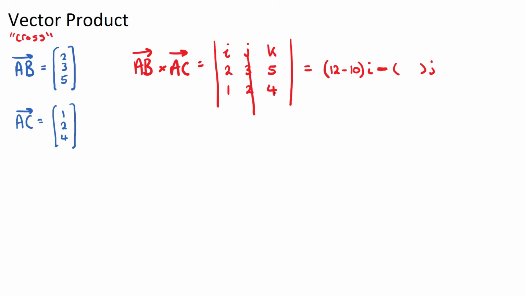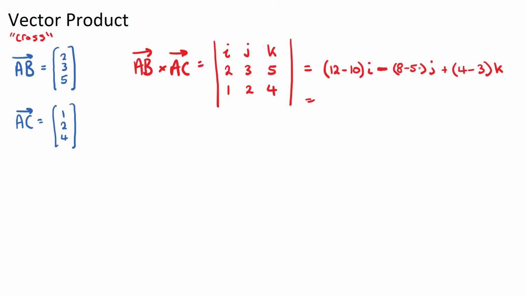So 2 times 4 is 8, and we're going to subtract 5 times 1, which is 5, and that's our j term. And then plus, for the k, we will go 2 times 2, which is 4, minus 3 times 1, which is 3, and this will be k.